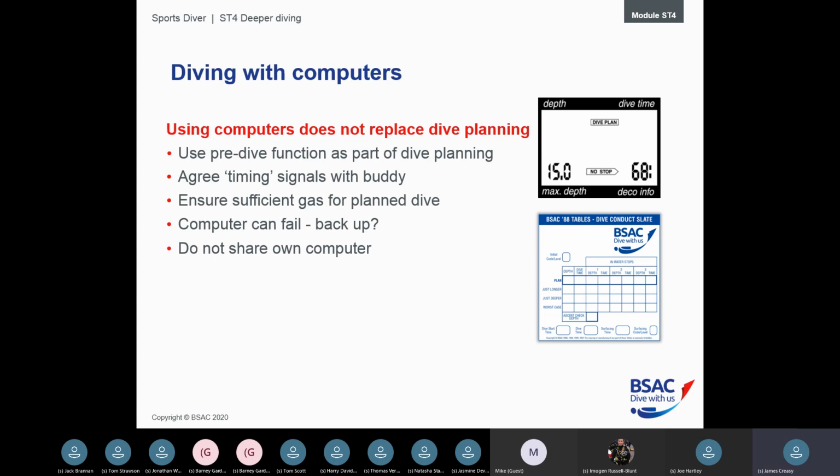Try not to share your own computer. Obviously, we do share them in the club, but don't share them on the day that you're diving, because your computer will be measuring your off-gassing from your first dive during your surface interval, and it will store that data.